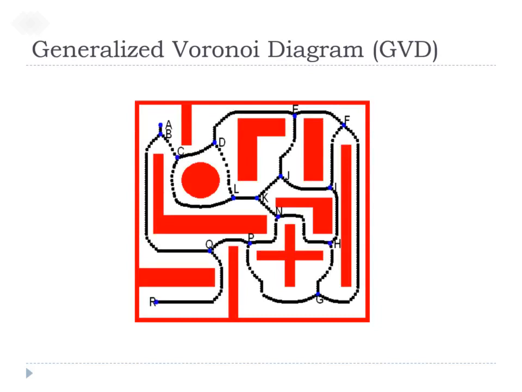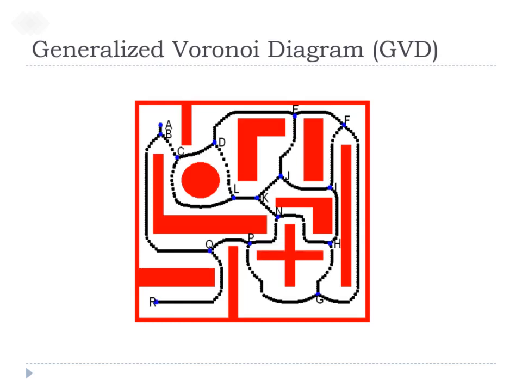This is another example of a Voronoi diagram where these blue points, like A, B, C, D, L, those you can see, are the points where we have three or more obstacles nearby, and these are the points which are at equal distance from all nearby obstacles.